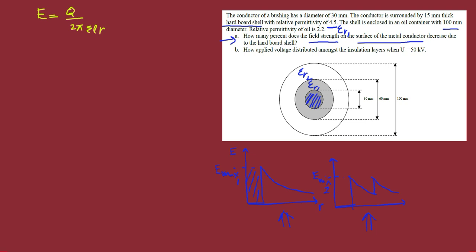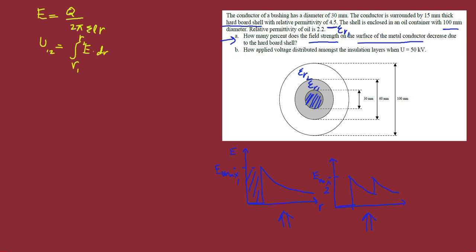And the potential difference between 2 points can be written as the integral of E dr, with r from point 1 to point 2, or from the inner radius to the outer radius. So these are the expressions which we will use to solve this problem.